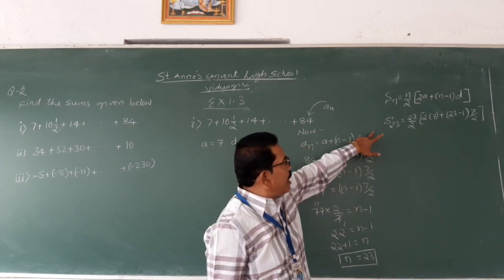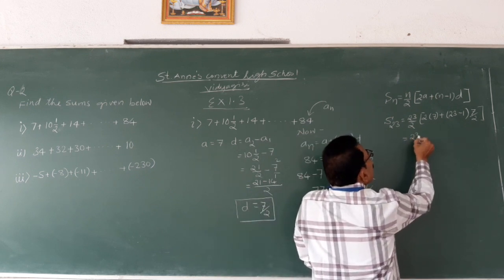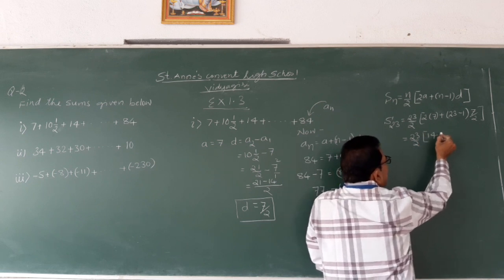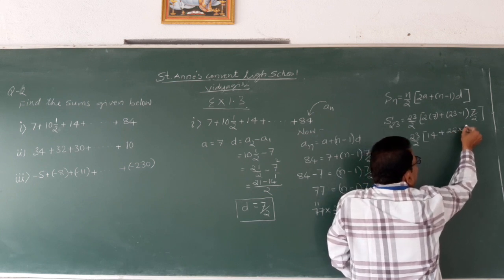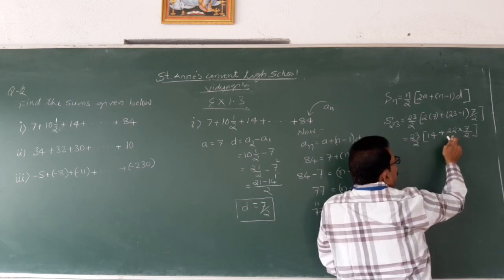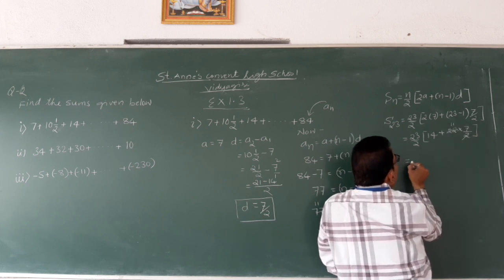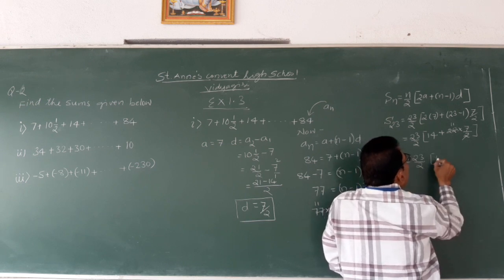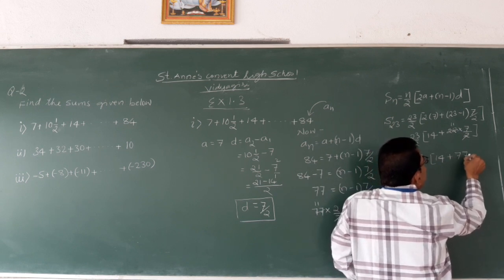By substituting the values, then 23 by 2 in the square bracket: 7 twos are 14 plus 23 minus 1, 22, into 7 by 2. 2 elevens are 22, so 23 by 2 in the bracket 14 plus 11 sevens are 77.